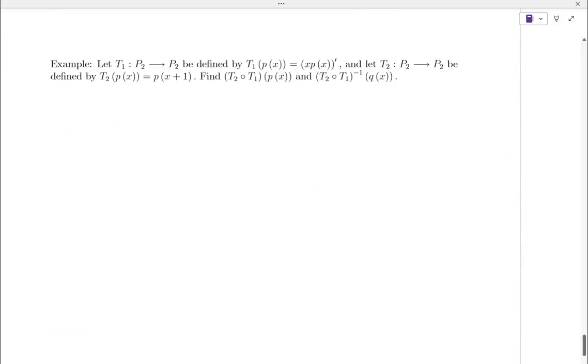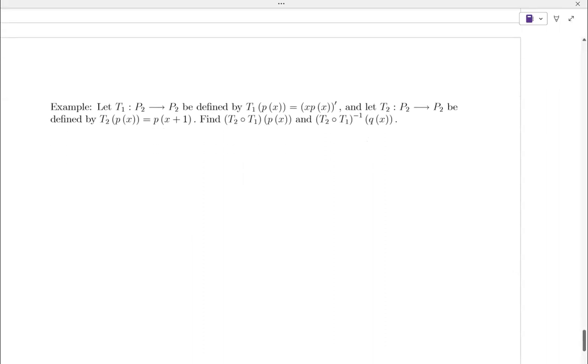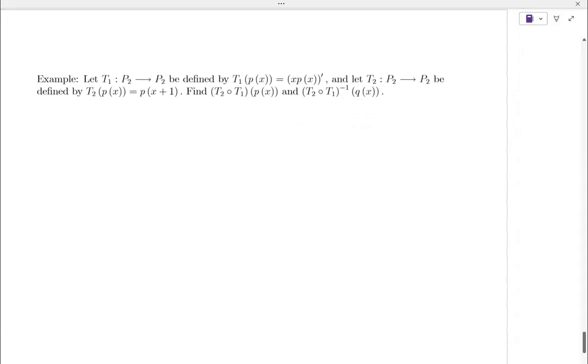So let's do one more example here, and this will be the last example we'll do for transformations, and we'll kick over to eigenvalues and eigenvectors, and that'll be what we'll end the semester on. Again, we want to do this with matrices.